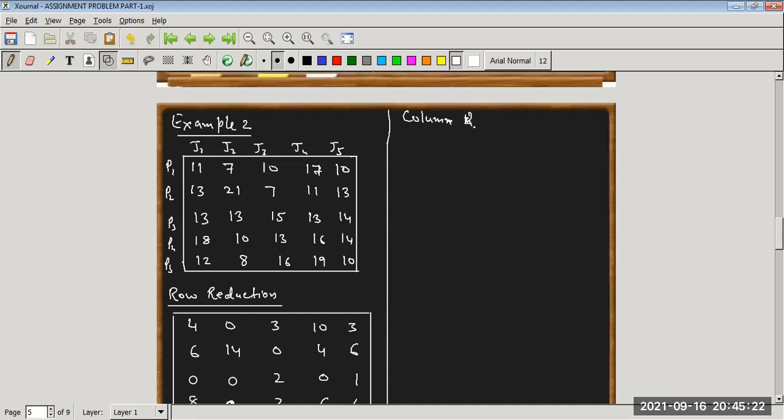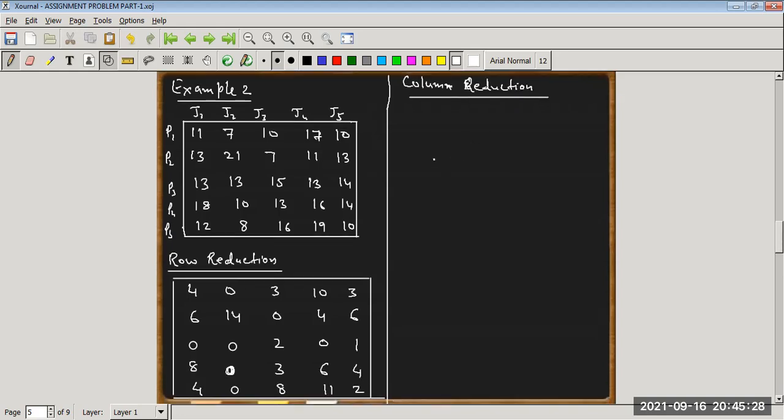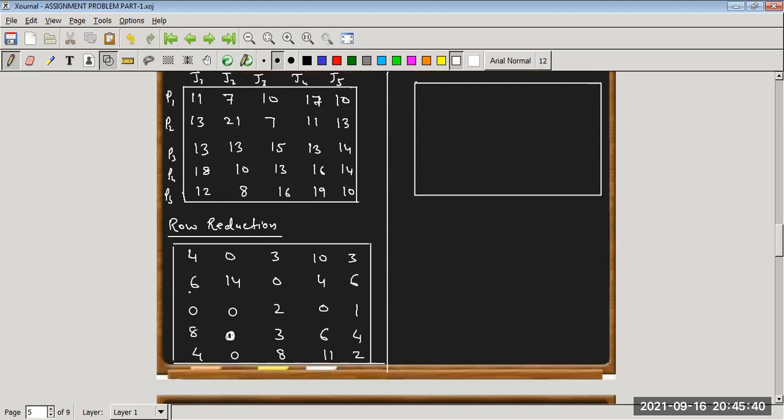Column reduction. In the first column, because the minimum number is 0, the first column remains the same: 4 6 0 8 4.